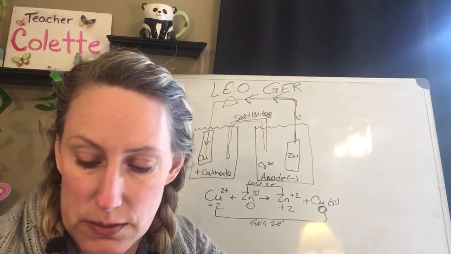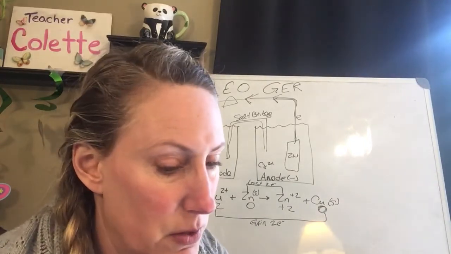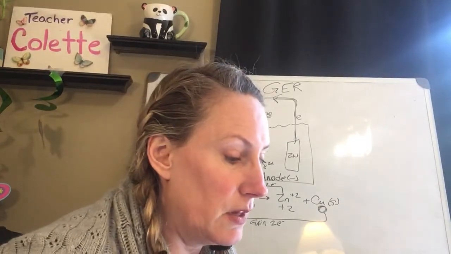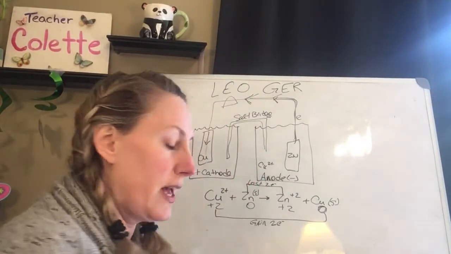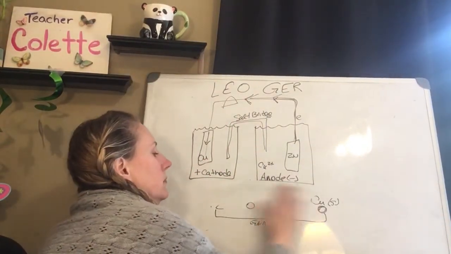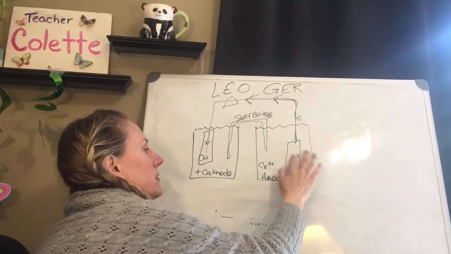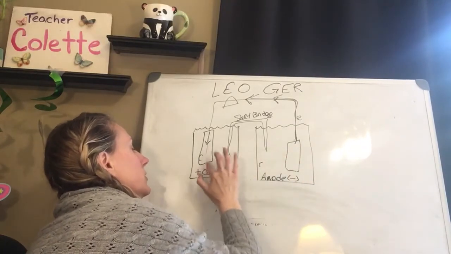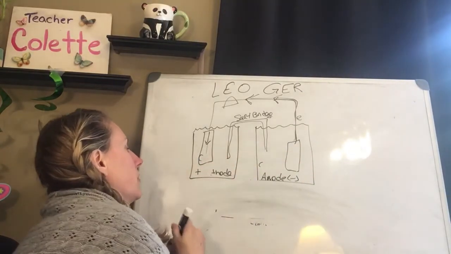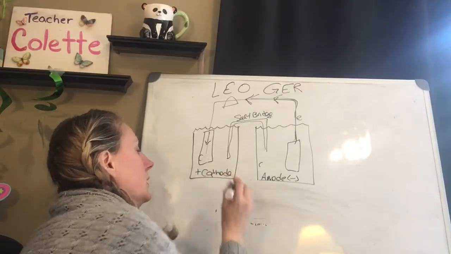So let's do example 16.5. A galvanic cell runs on the following chemical equation. It's going to be exactly the same picture, only now we're going to change things.